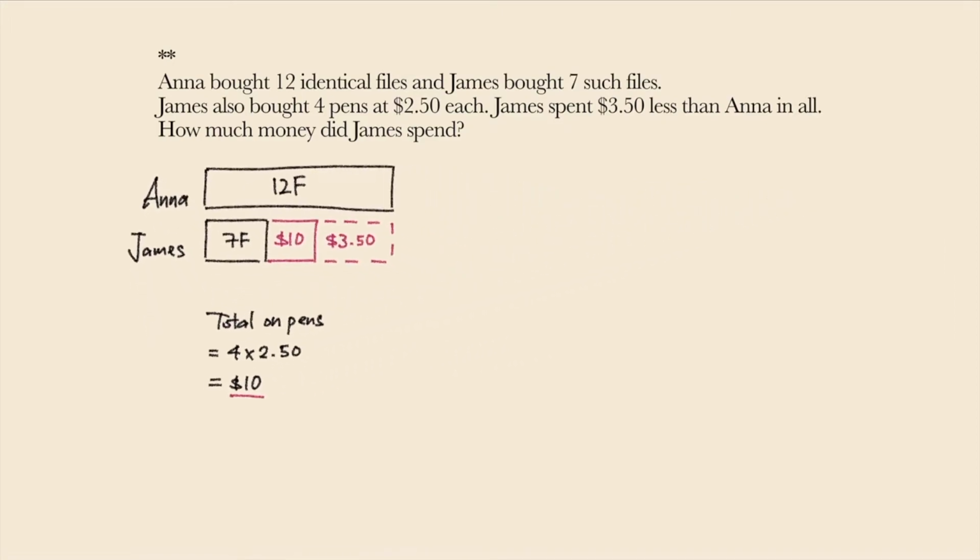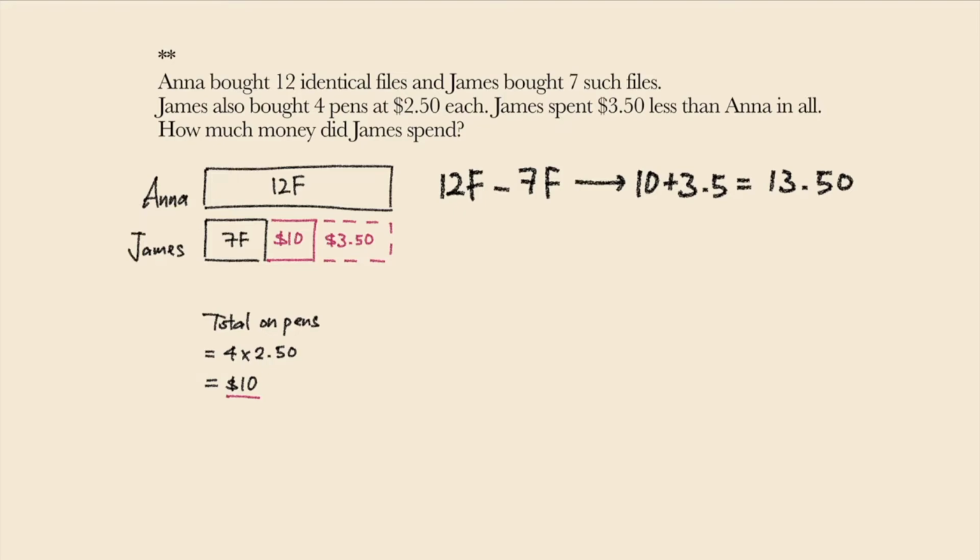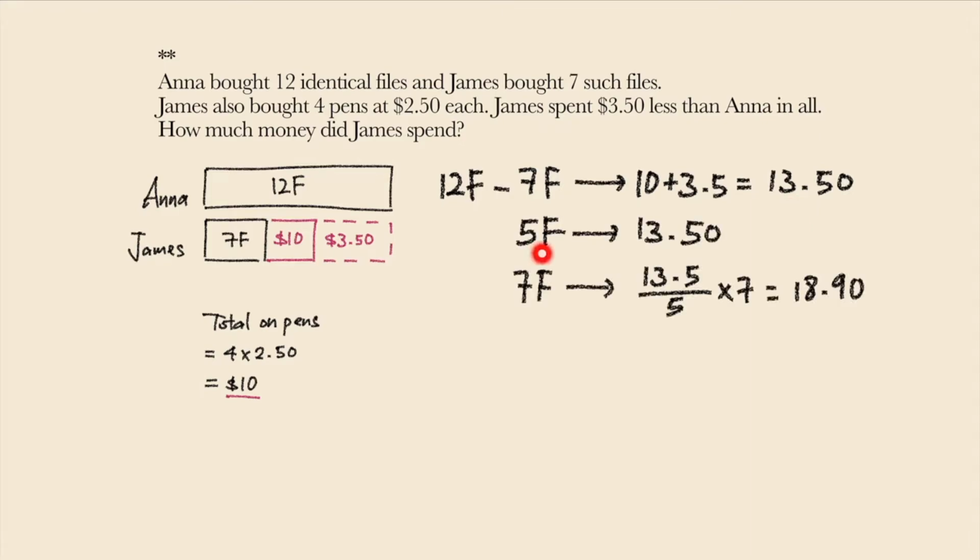$3.50. Now, what that means is we can say the difference between 12F and 7F, which is 5 files, 5F, is equal to the sum of 10 and $3.50, which is $13.50. So we can find out exactly what 5 files cost, $13.50. Now, how much did James spend, says the question.